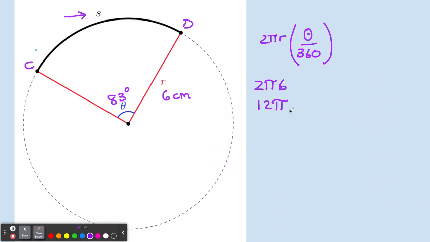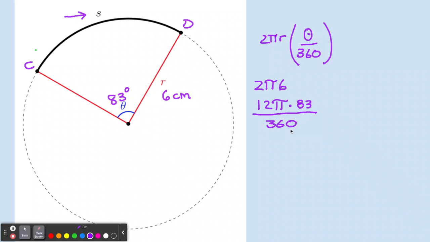And we're going to multiply it by 83 over 360, with 360 on the bottom.